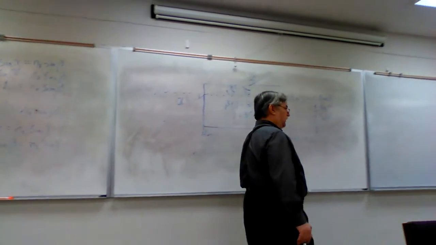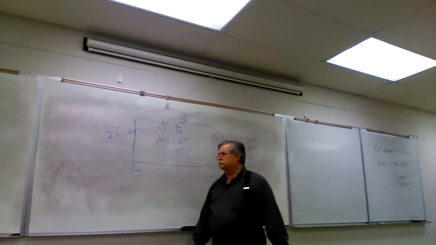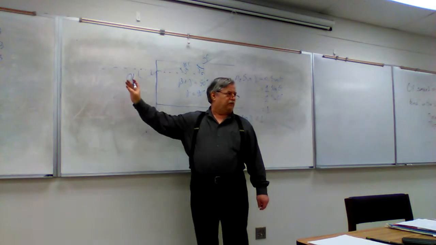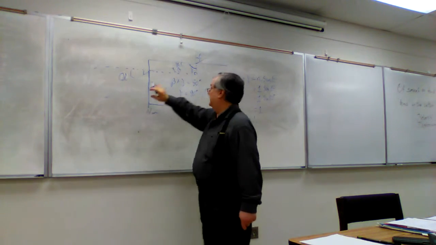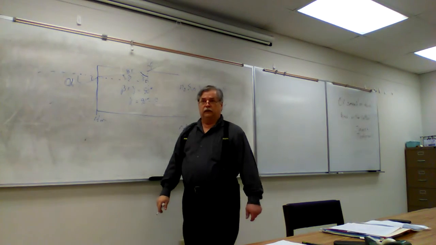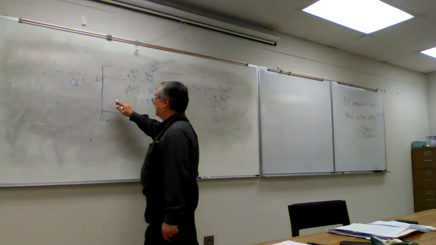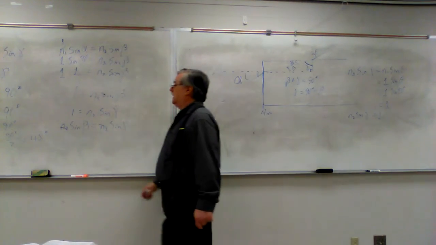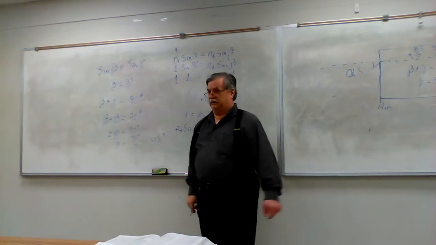So for internal reflection to be guaranteed, with an input angle of alpha equals 90 degrees and an exit angle of theta equals 90 degrees, beta and gamma must be equal, and they must equal 45 degrees.